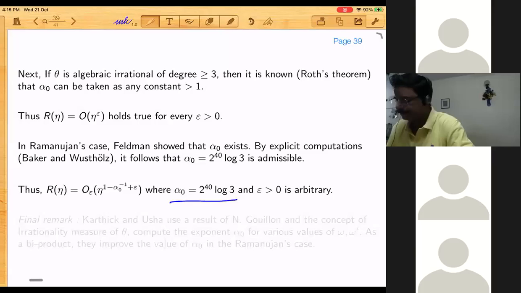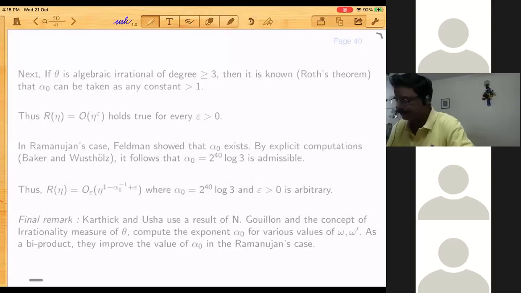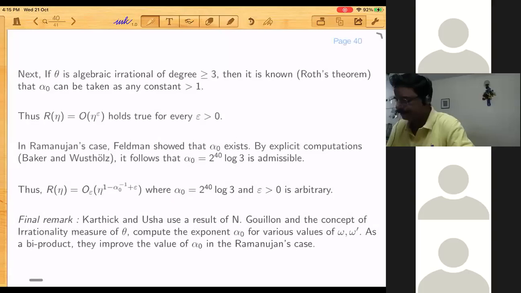Okay, so final remark. These are the developments that have happened so far. Finally, recently, as I mentioned, Karthik and Usha used a result of Gulio, which deals with linear forms in logarithms.